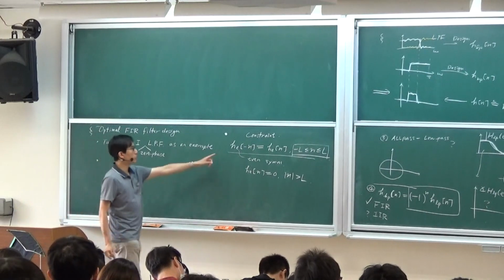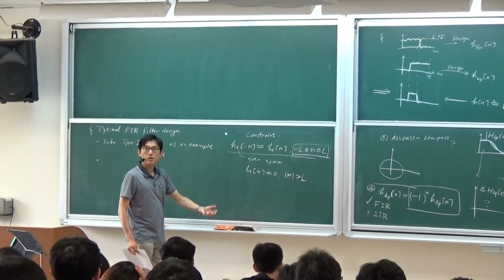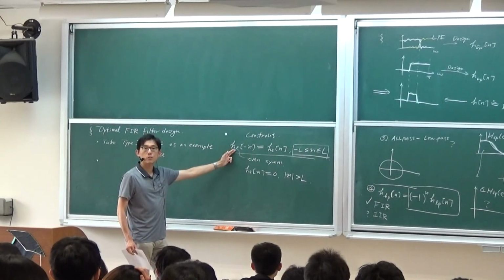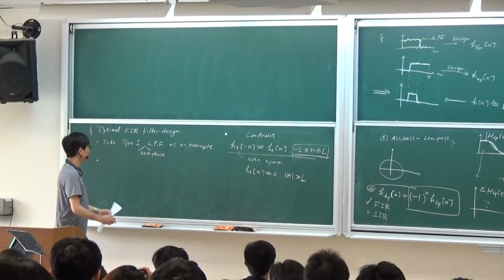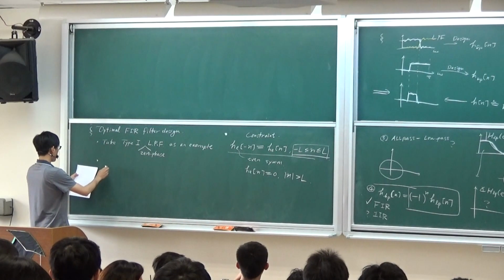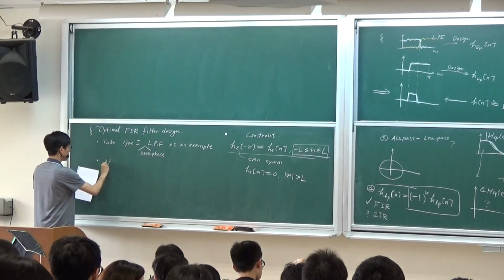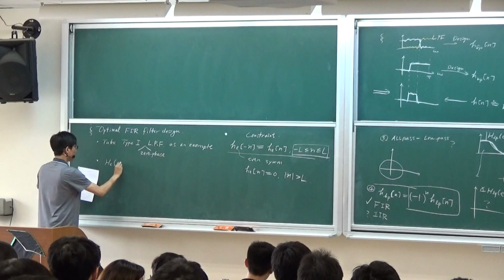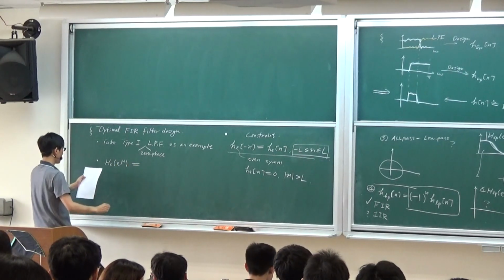As a consequence of this symmetry, we know that in the frequency domain, the frequency response is going to be real, right? It's going to be real. So we say the frequency response here is going to be real.